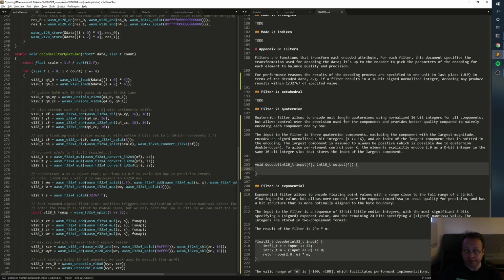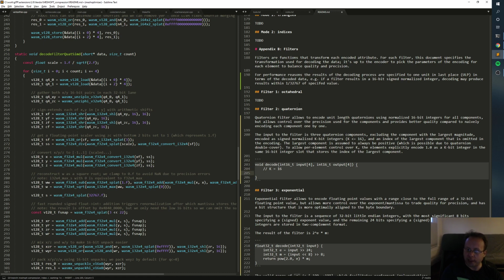So what we need to do is divide them by the magnitude. For example, if k, so I'm going to remove this because k is not really used in encoding. But let's say k is 16, which is the basic case where the input is actually 16-bit integers. Then what we need to do is decode the integers into floating point values.